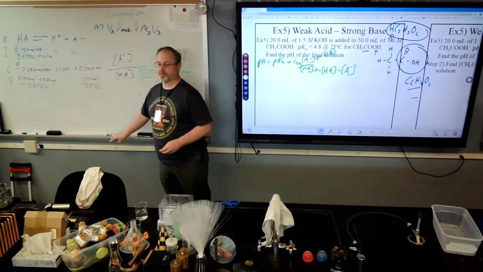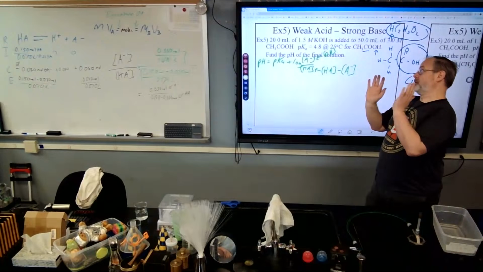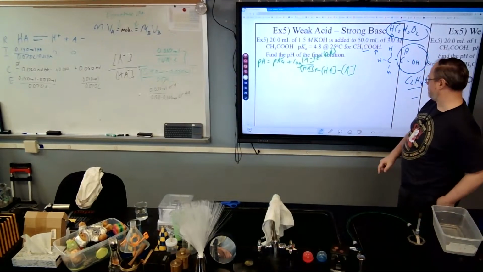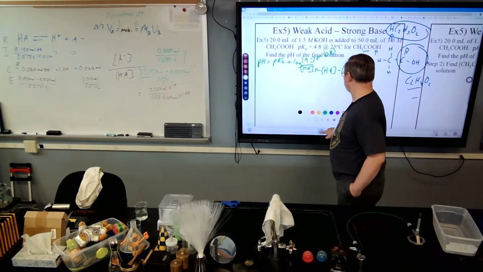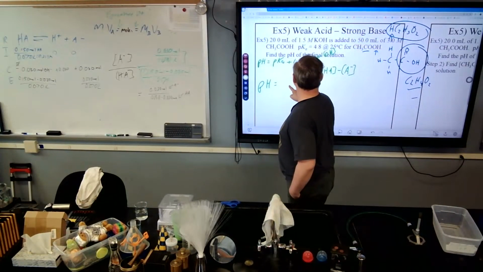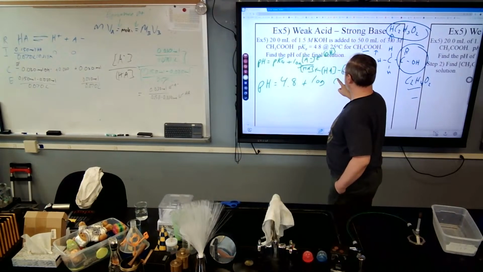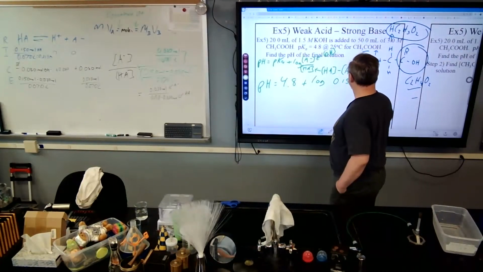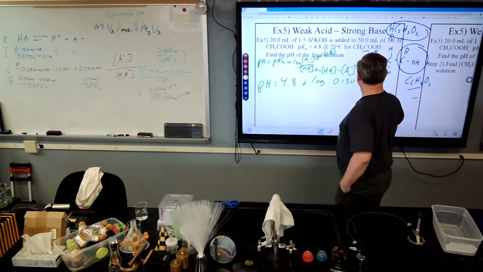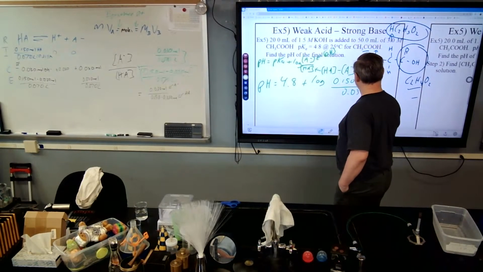And you're going to take the logarithm of that. I don't know what it is. You're doing it. So pH equals 4.8 plus the logarithm of 0.150 minus 0.030 over 0.030.